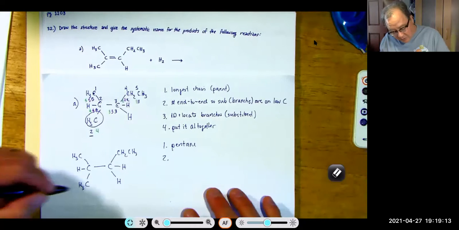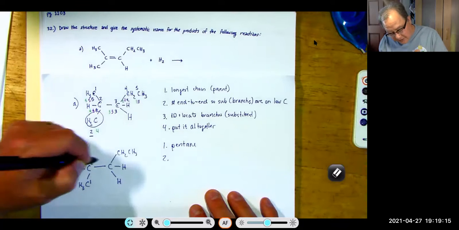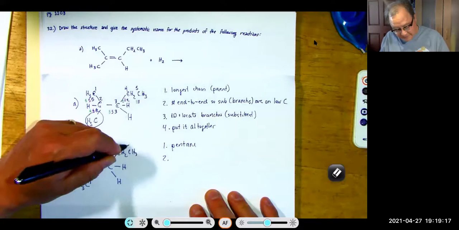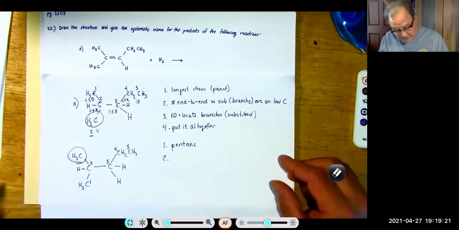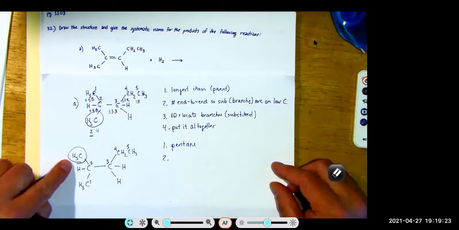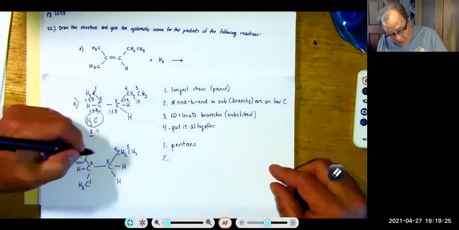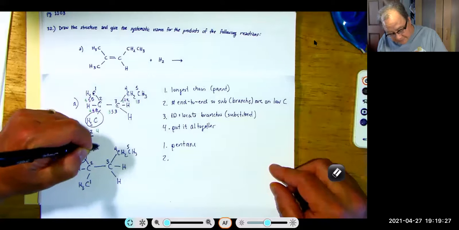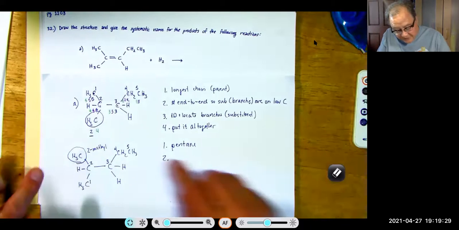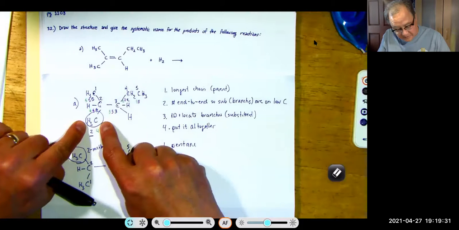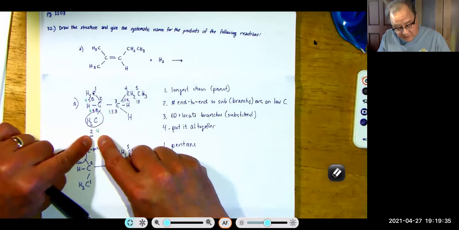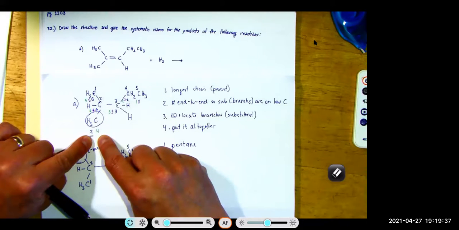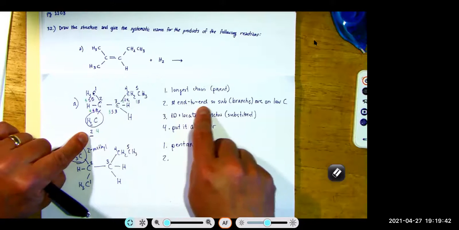Okay, I'm going to call this carbon 1, 2, 3, 4, 5. What carbon is this attached to? Carbon 2. And since it's a 1 carbon unit, we call it 2-methyl. What carbon is this one attached to? 2 or 4? 4. Based on which way that you numbered it.